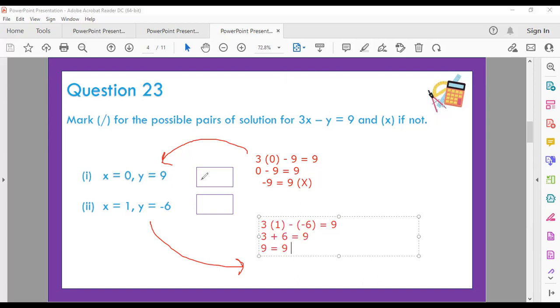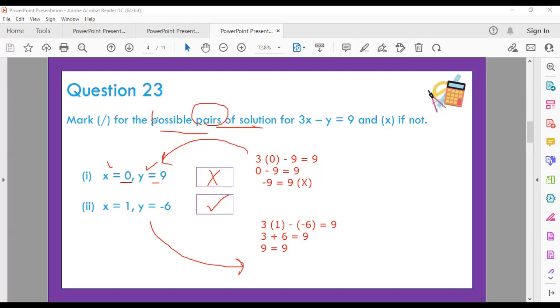So now you put a tick for this solution, pair of solution. What does pair mean? Pair means there's an x, there's a y. That's why we call it a pair. Solution means x is equals to 0, y is equals to 9. That's what they are saying. So for this one, for the Roman 2, yes, this is a possible pair of solution.